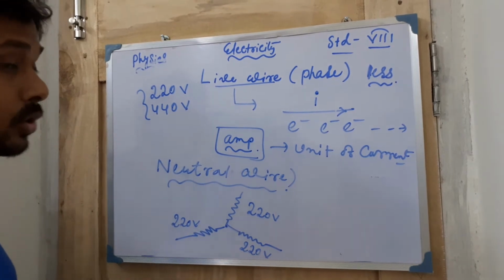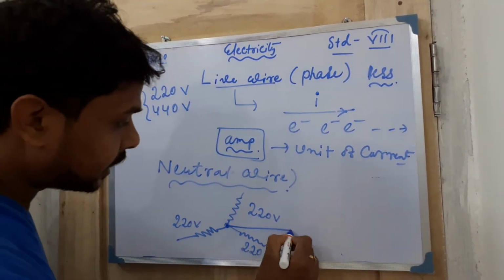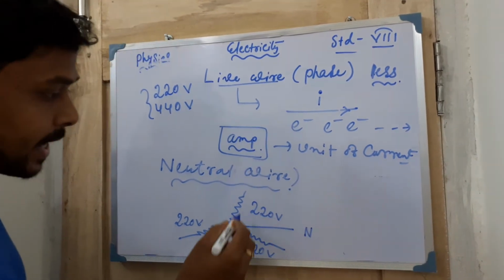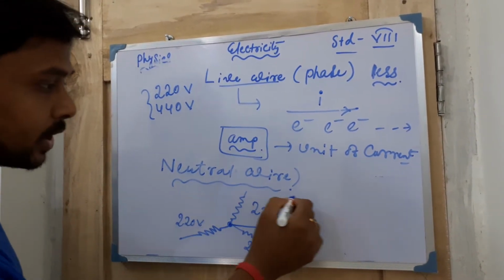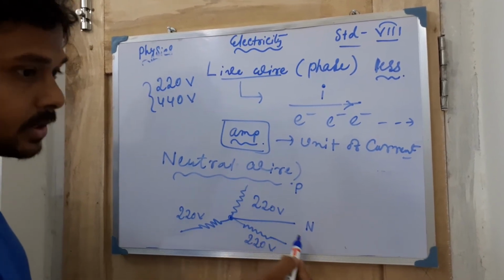Now where is the neutral point? The neutral point is in this position. Rest all are the phase. Two things we have to remember, one is phase, one is neutral.